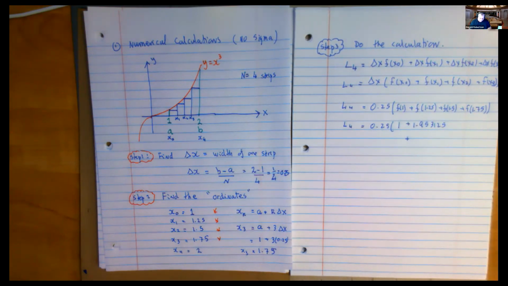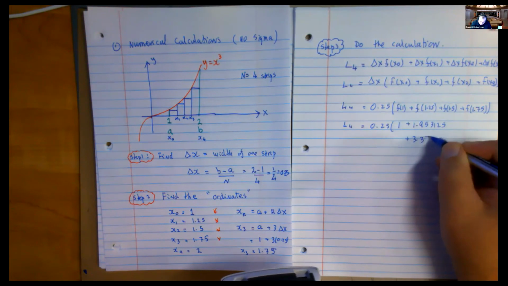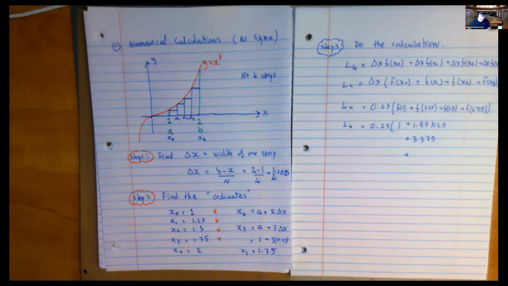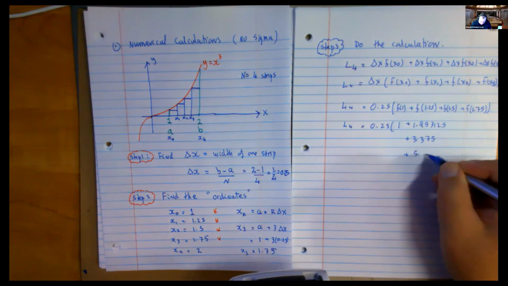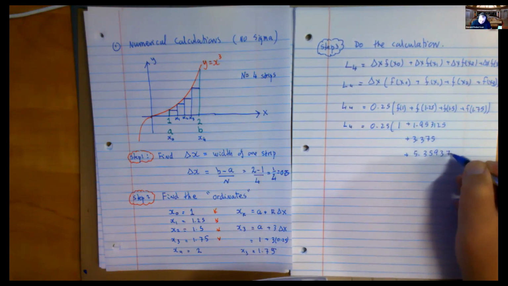The next one is going to be 1.5 cubed, which is 3.375. And then the last one is going to be 1.75 cubed, and that's going to be 5.359375.